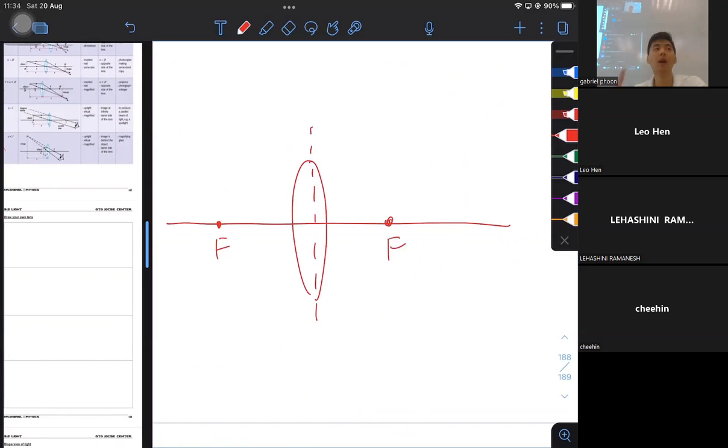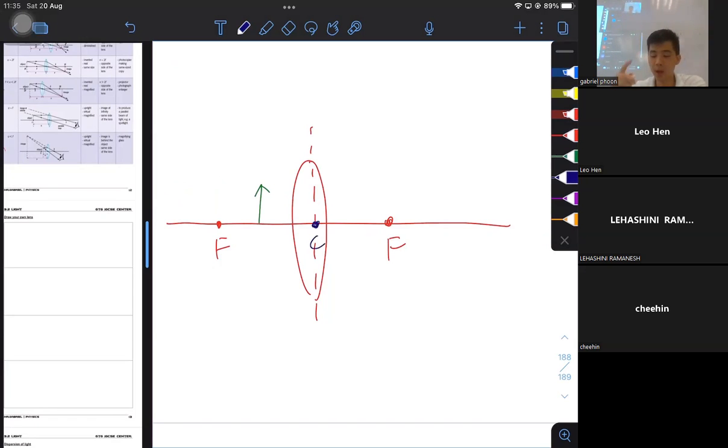The first condition, very important, always asked in the exam: for any lens to behave like a magnifying glass, the object must be placed in between the focal point and the optical center. Must. Meaning if you put it here, you are wrong. You put it here, you are wrong. It must be placed in between the focal point and the optical center.